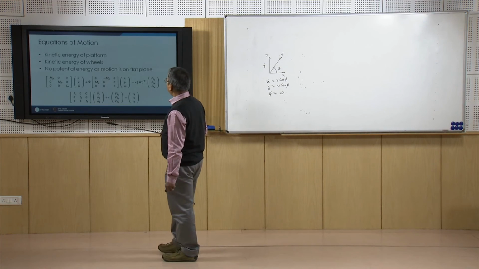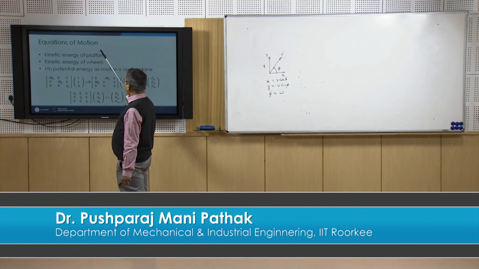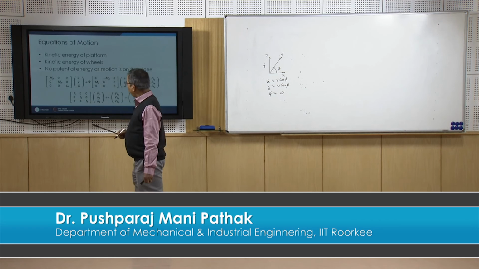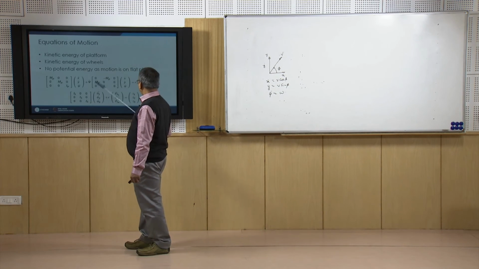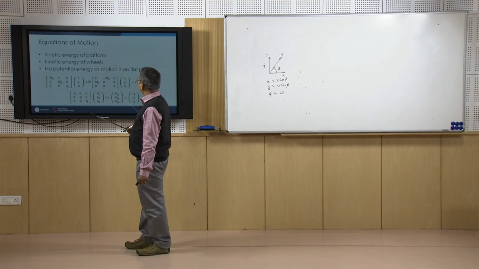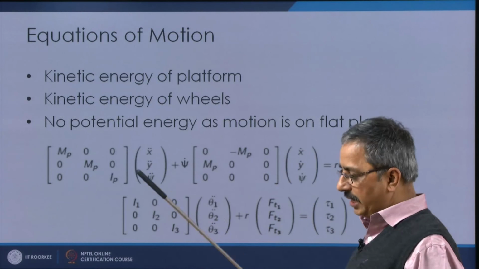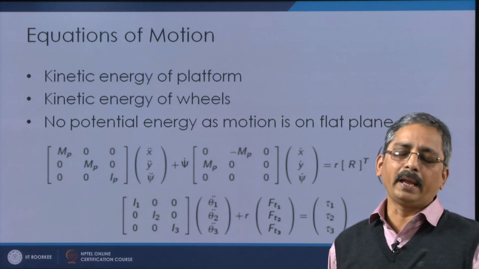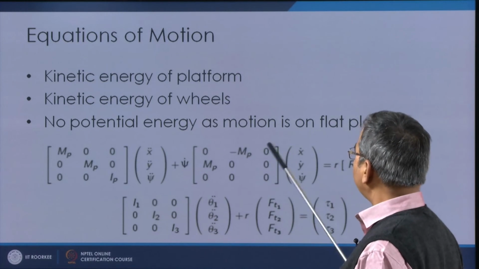Lastly, we can similarly work out the equation of motion for the omnidirectional mobile robot, and this equation of motion one can obtain by using Lagrange equations.